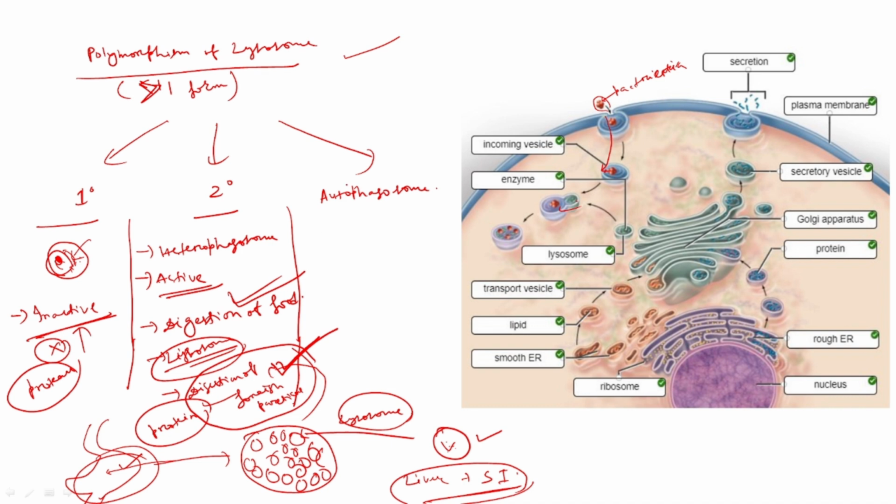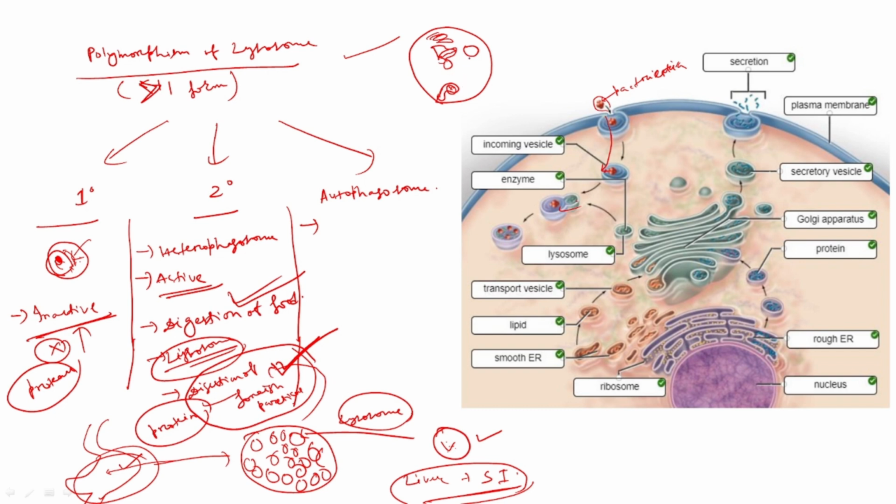And another is the autophagosome. Autophagosome means, let's suppose this is the nucleus, this is the ER, and this is the Golgi. This is the lysosome. This is, let's say, a mitochondria. If the mitochondria is damaged, that means it is now not in use in the cell.